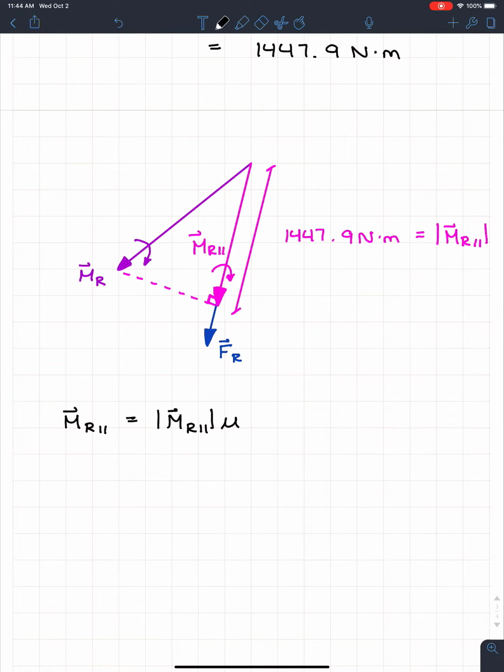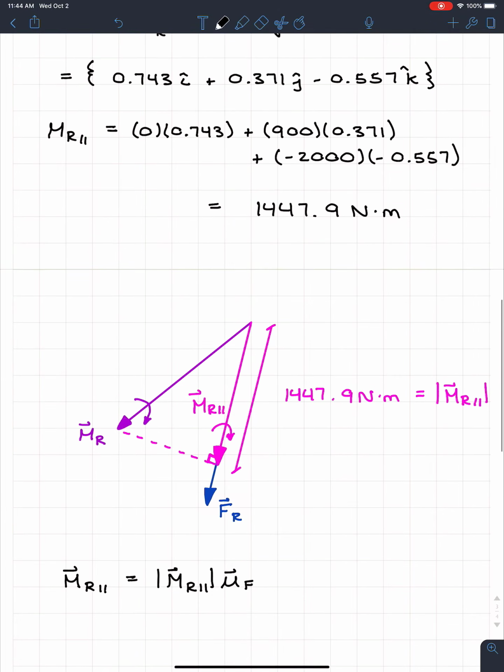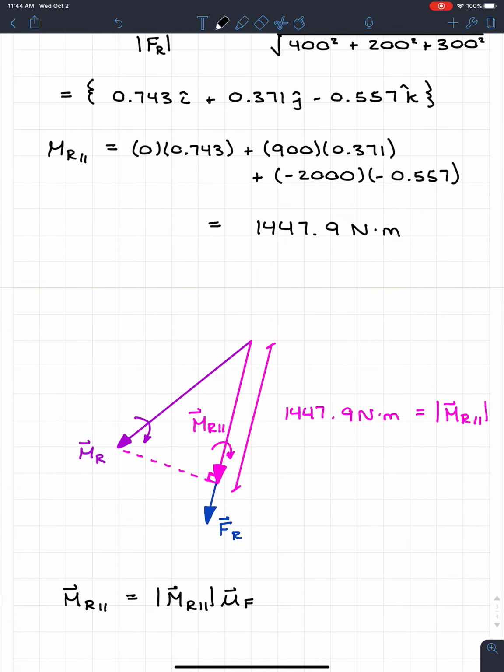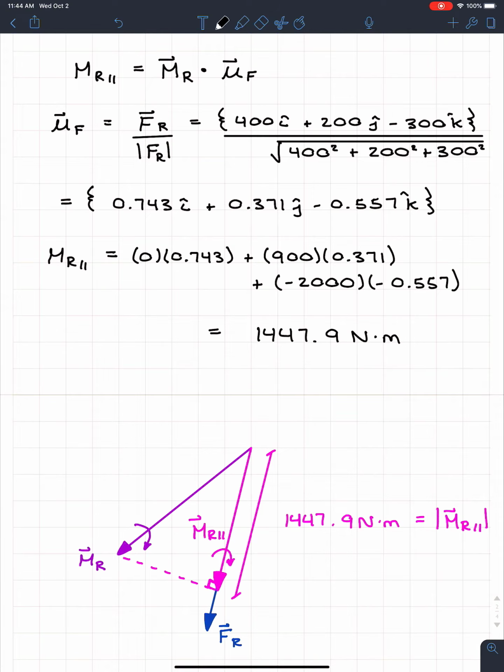So we know that MR parallel is going in the direction of the force vector, so this is going to be UF. So I'm just going to take that 1447.9 and I'm going to throw it into that unit vector at the very, very top.